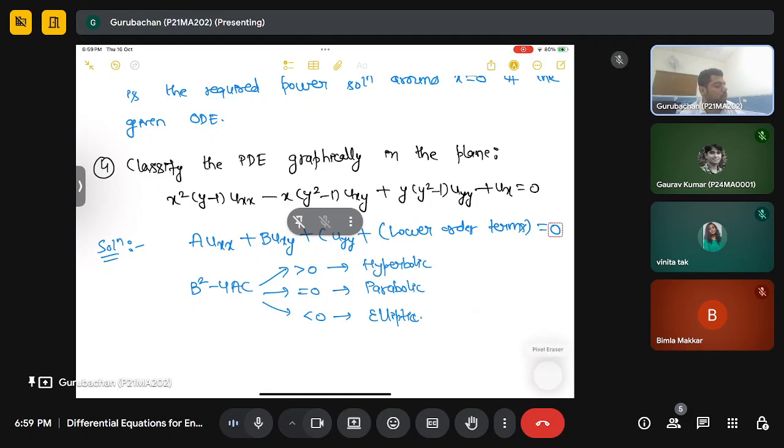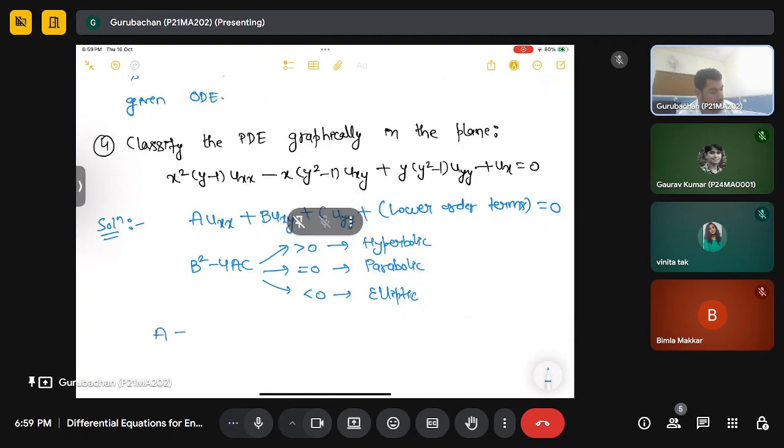So what is the value of A, B and C here? A is, B is, and C is.